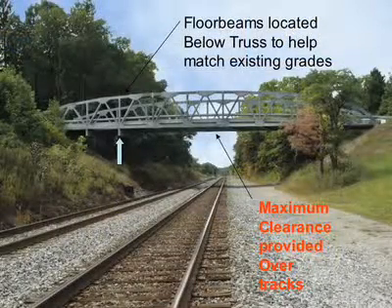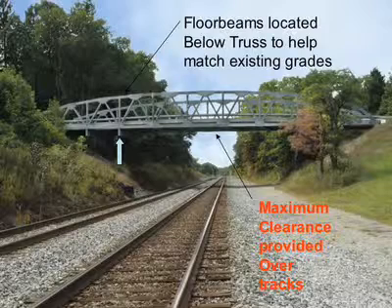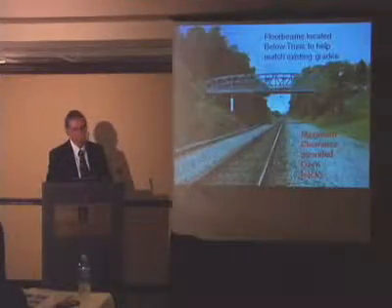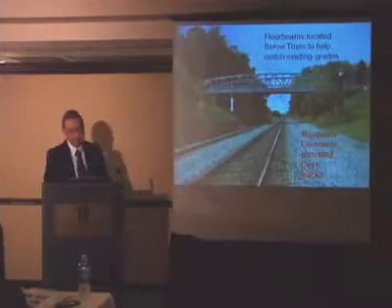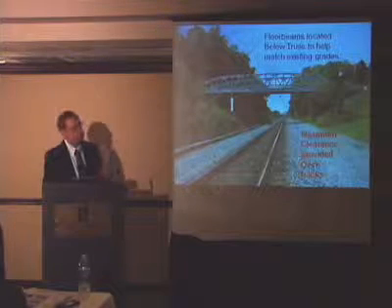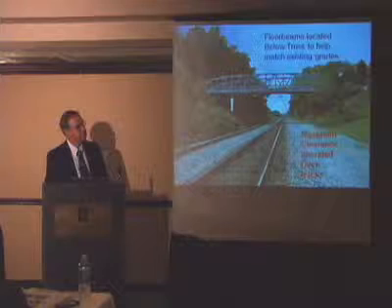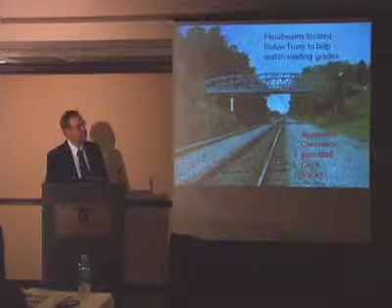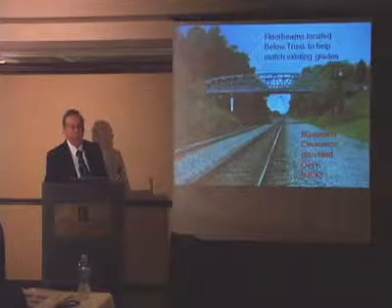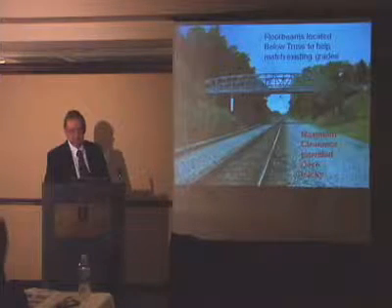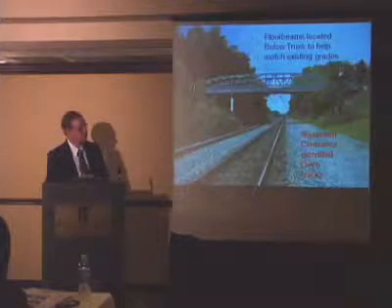You can drop the floor beams below, raise them over the middle to get your 23 feet of clearance, and drop them back down again on the other side. The truss actually stays at one point. You pick the point where you have the most clearance. You set the truss at that elevation, and then you work out the connections for the floor beams to fit the profile.